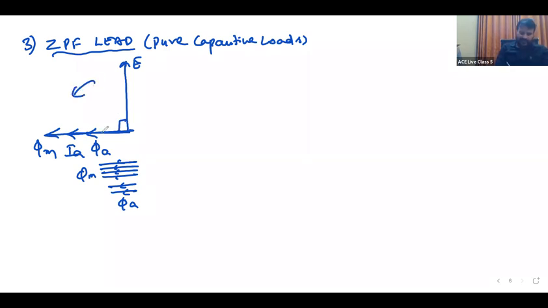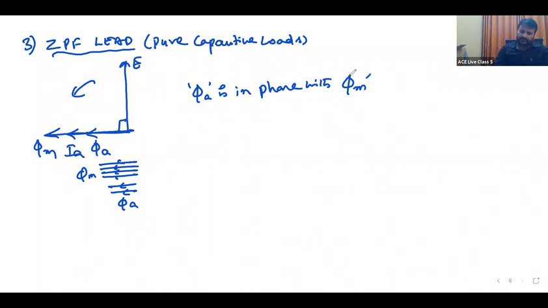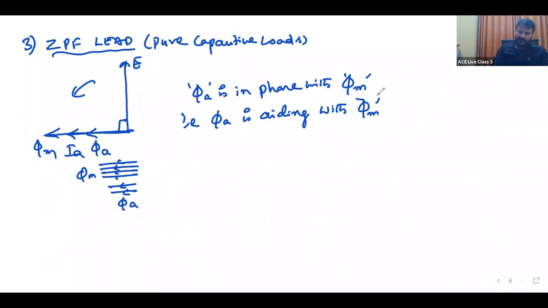Current IA leads E. Therefore, the armature flux phi A is in phase with phi M. That is, phi A is aiding phi M.